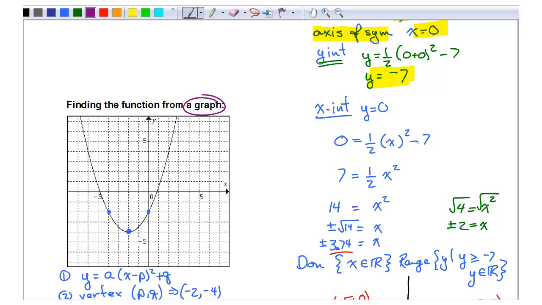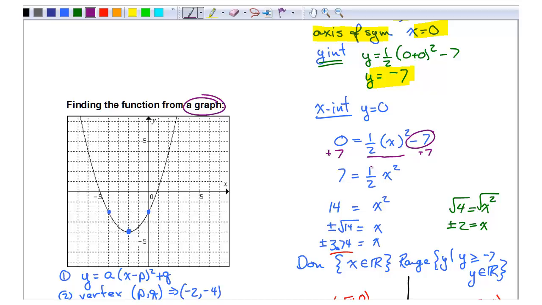Now the first thing we need to do whenever we solve for a variable is to get rid of anything that's added or subtracted to the term that contains the variable. So I need to get rid of that negative 7 by adding 7 to both sides. I get 7 is equal to 1/2 x squared.